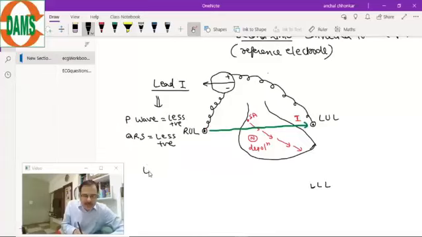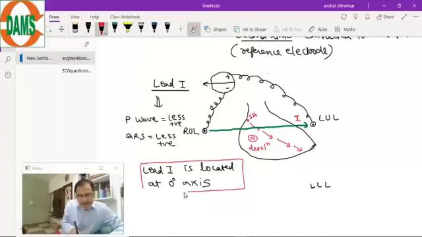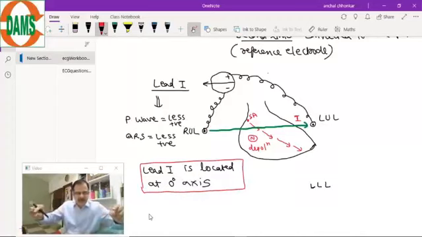So remember, lead 1 is located at the 0 degree axis. Even mathematically, if we take this line and this angle, it is located at a 0 degree axis.